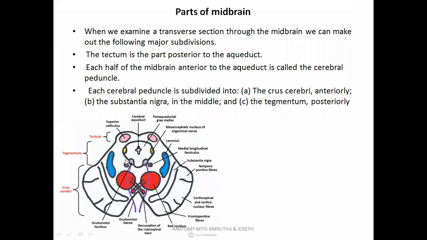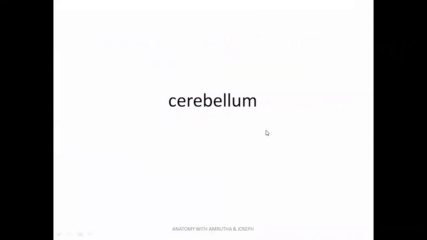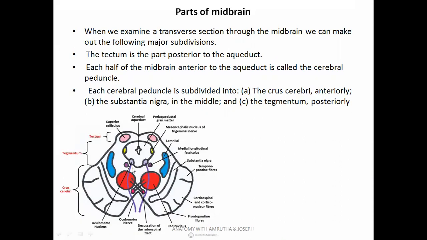Each cerebral peduncle is divided into three parts. Most anteriorly, crus cerebri, substantia nigra, then the tegmentum. So those are the major subdivisions of the midbrain. And you have seen that there are different nuclei or different tracts which are related to the midbrain. Okay.